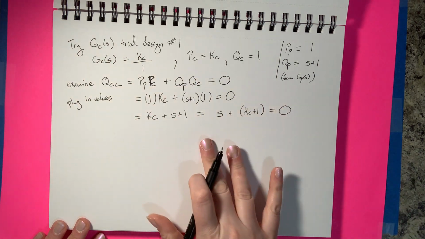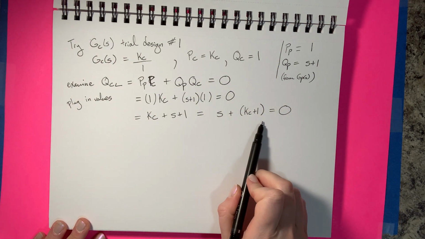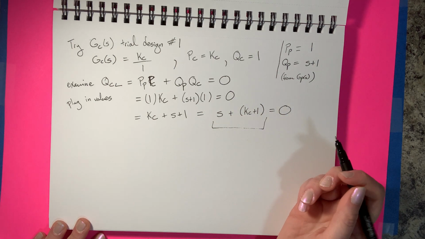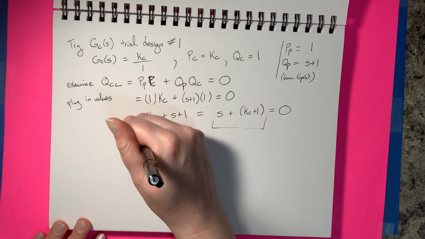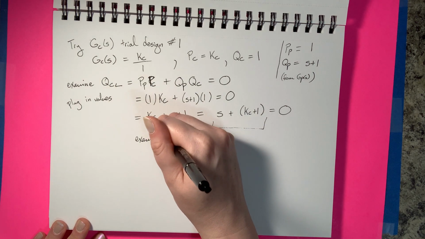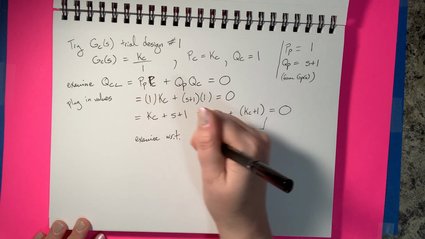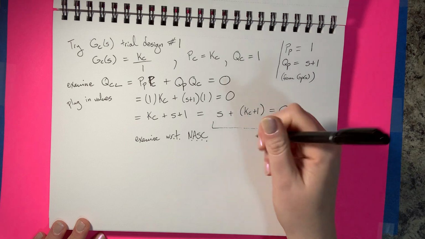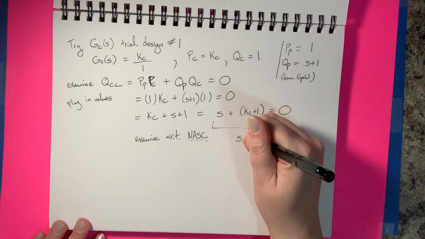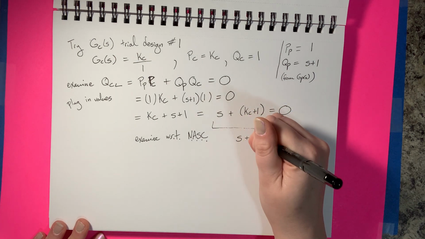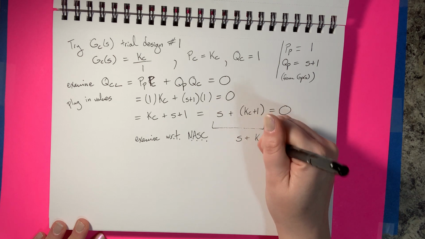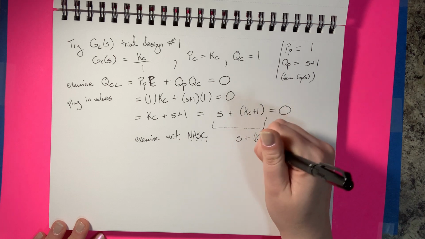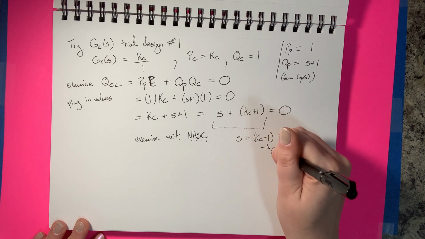Okay, so back to our problem. This is where we're at. So if we wanted to examine this for the necessary and sufficient conditions, then we could write that S, actually our equation right here, S plus KC plus 1, we only have the one necessary and sufficient condition, that this portion has to be greater than 0.